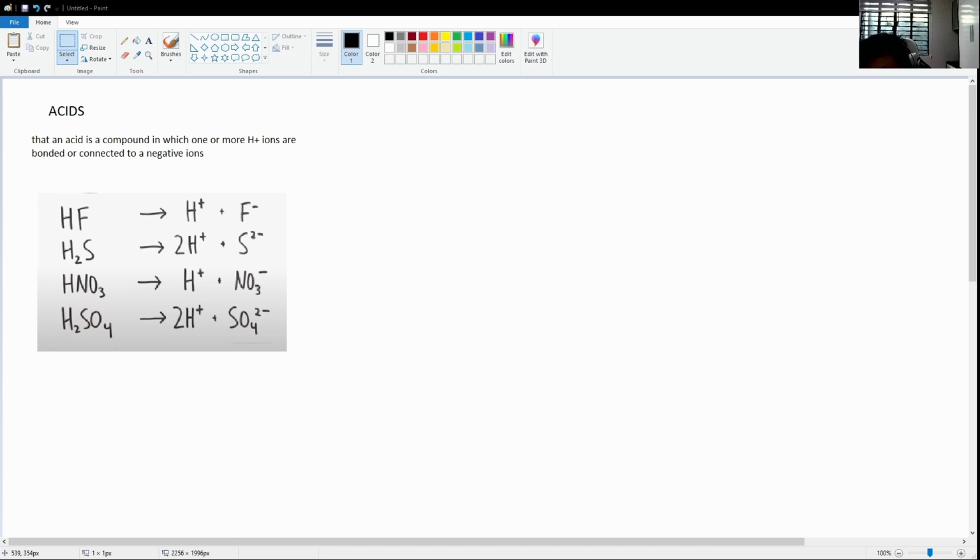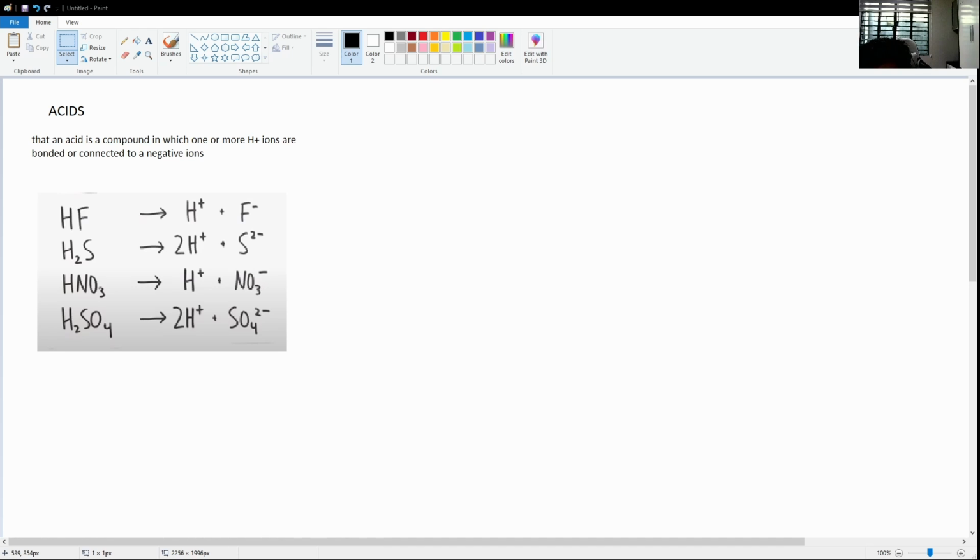Now why am I talking so much about ions if what we're going to do is name acids? Well, it's for this really simple reason: when we're naming an acid, the name of the acid is based on the name of the negative ion that's part of it. So when I look at a formula for an acid and I want to name it, I've got to separate it just like I did here into the H plus part and the negative ion part.